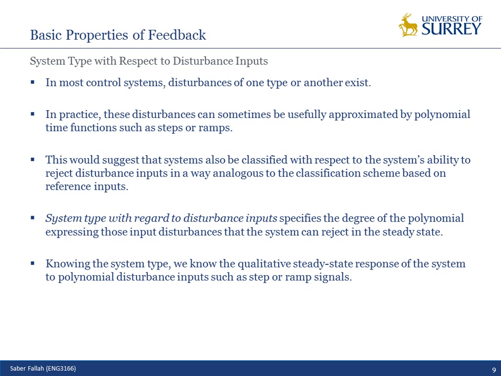But in reality, we have many types of disturbances. Fortunately, we can estimate or approximate the disturbances to the system by a polynomial input, such as step, ramp, parabola, or other types of polynomial inputs. If I have a disturbance, which steady state error is most desirable to me?